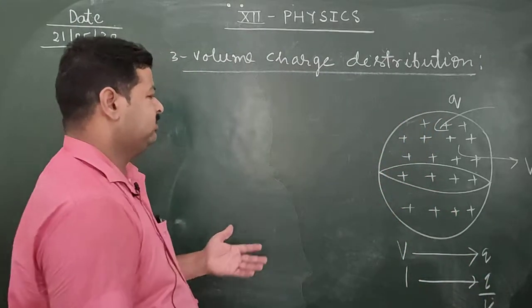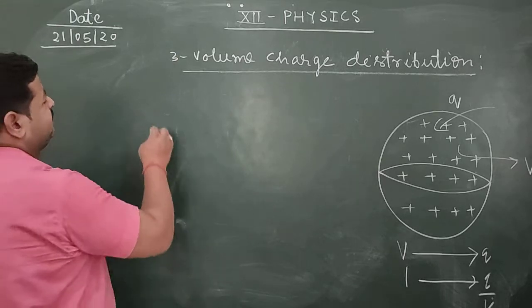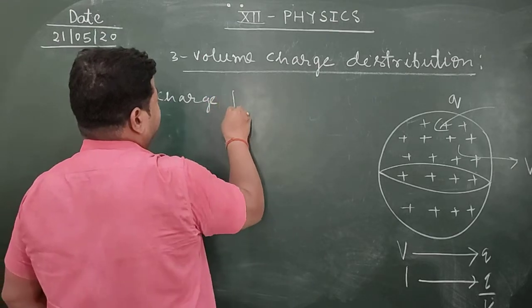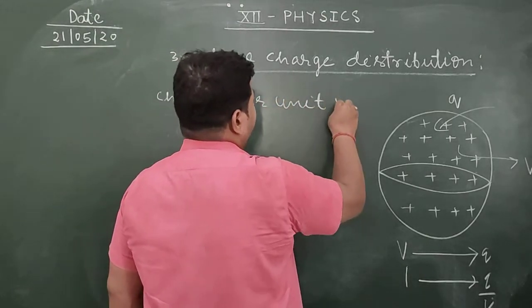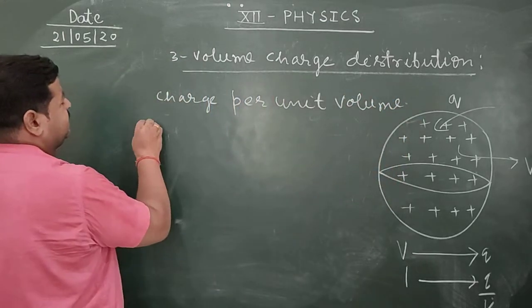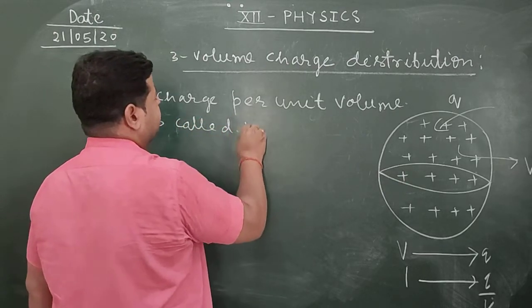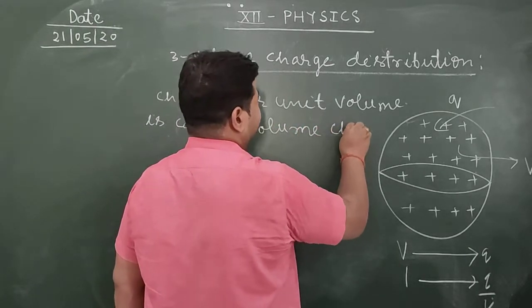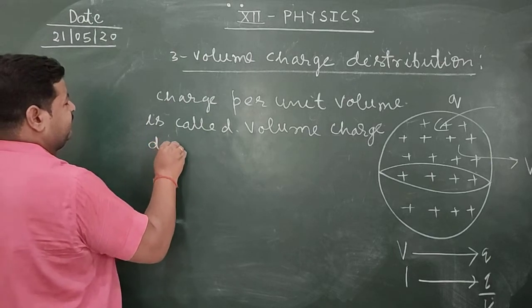So here again we describe volume charge density, that is charge per unit volume is called volume charge density.